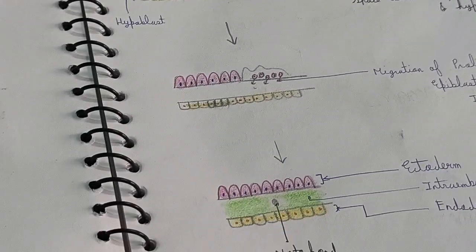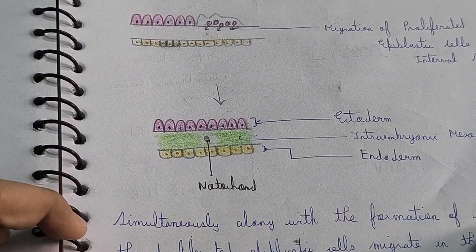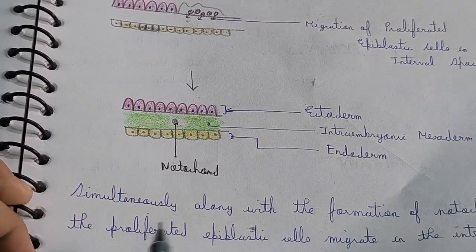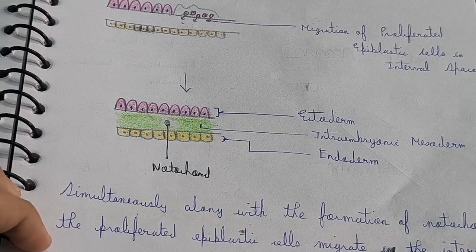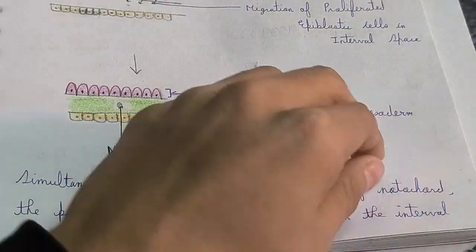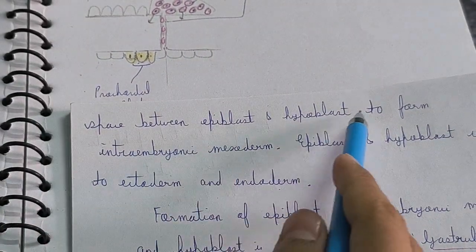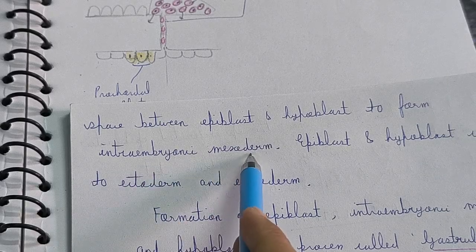See that? So here, simultaneously along with the formation of notochord, the proliferative epiblast cells migrate in the interval space between epiblast and hypoblast to form intraembryonic mesoderm.